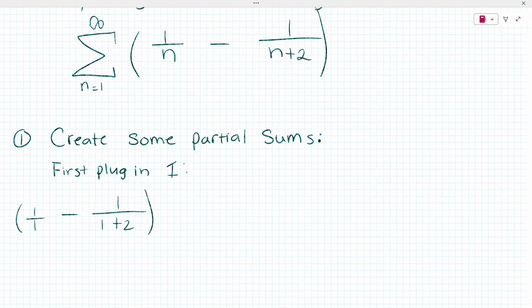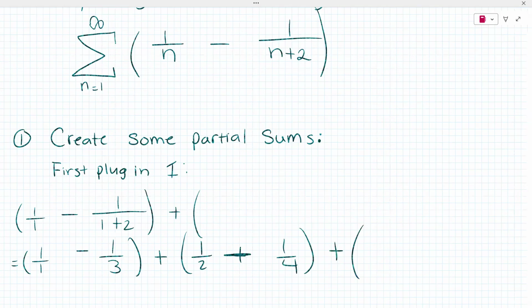So when I plugged in 1, this is what I get: 1 over 1 minus 1/3. Then when I plug in 2, I'm going to get plus 1/2. 2 plus 2 is 4, so that would be 1/4. Oh, there's a minus, so this should be a minus 1/4.